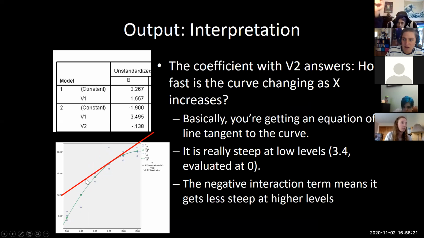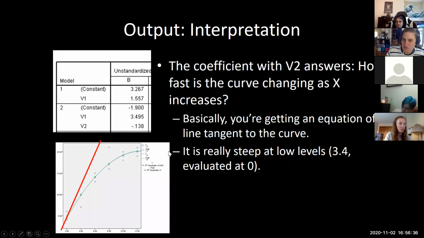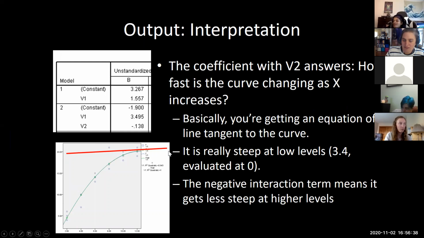But as you go up, it's not as steep. The line that's tangential to this curve is not as steep anymore. And all the way up here, it's almost 0. That's really fun. So it's getting less steep as your x value gets higher.